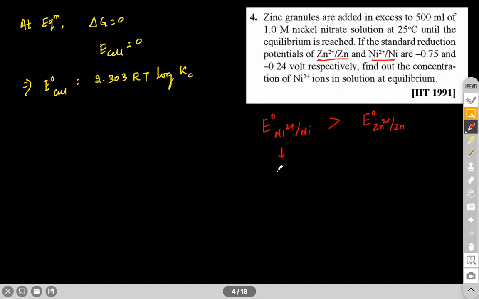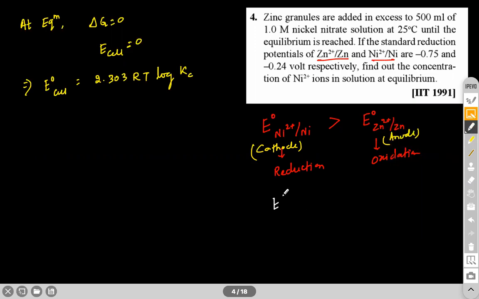Hence, this will go under reduction and this will go under oxidation, right? Hence, we have cathode of nickel rod and anode of zinc, right?